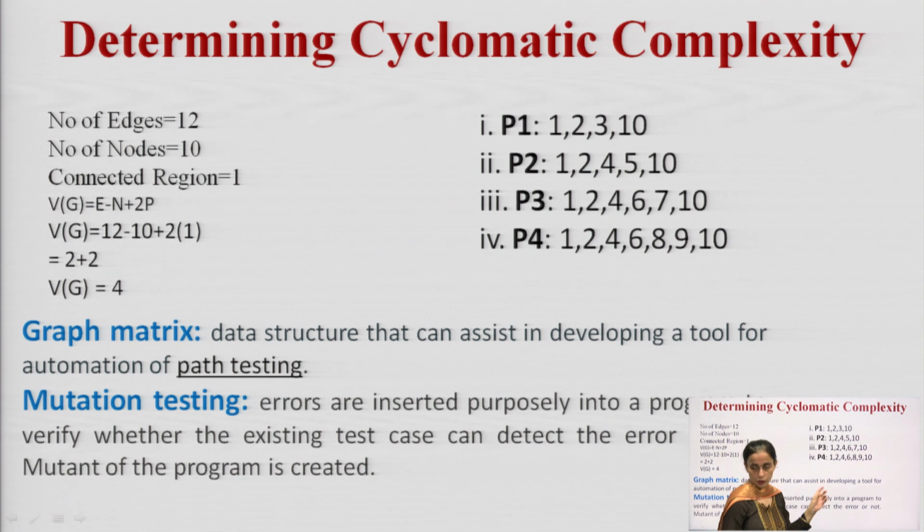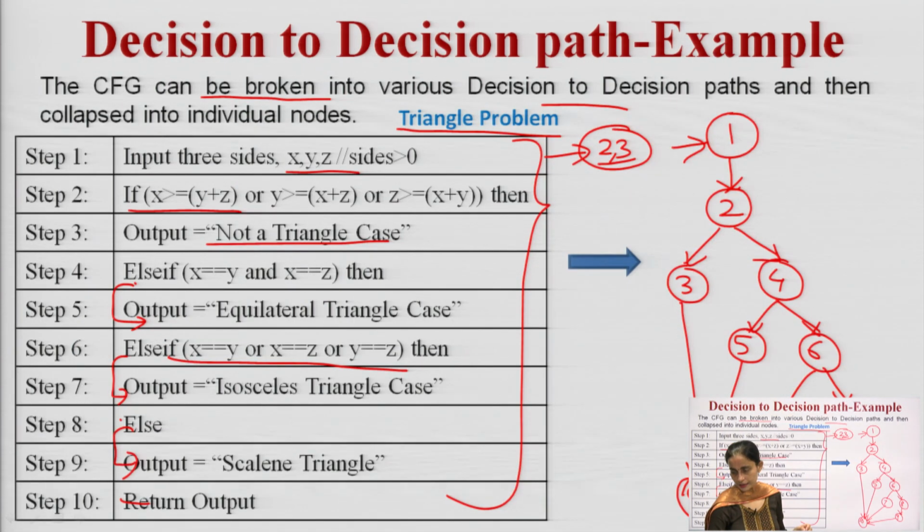So, in the program that I have drawn in this slide, I can see there are 12 edges and 10 nodes: 1, 2, 3, 4, 5, 6, 7, 8, 9, 10, 11 and 12 for edges, and nodes numbered 1 to 10.